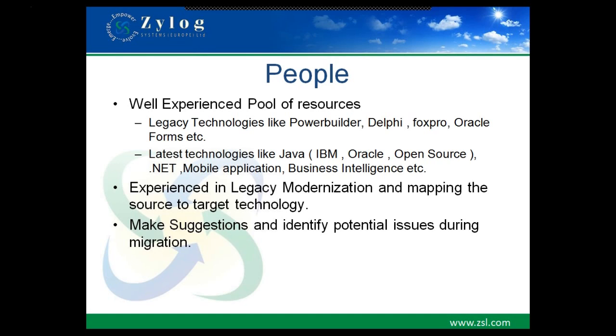So they are experienced in mapping and converting a legacy application to the new technology. And they can also make suggestions and identify potential issues during migration. What I mean by this is that normally the legacy applications are 2-tier applications. When you move a 2-tier application to a 3-tier application, there are a lot of things that do not fit well.